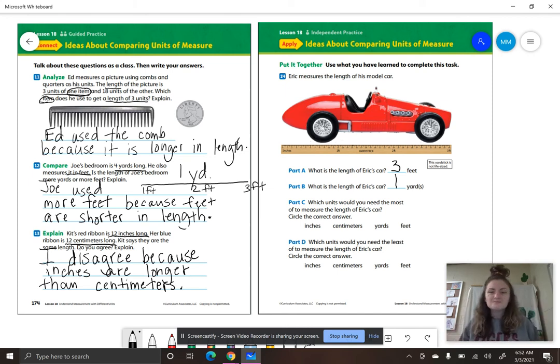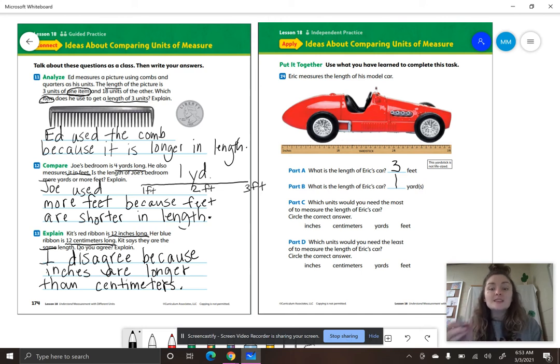Part C. Which units would you need the most of to measure the length of Eric's car? Okay, so we are going to compare 4 different units. Would we need more inches, centimeters, yards, or feet? Which one would we need the most of to measure?